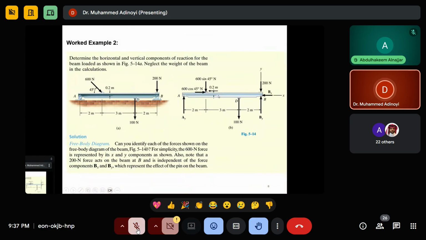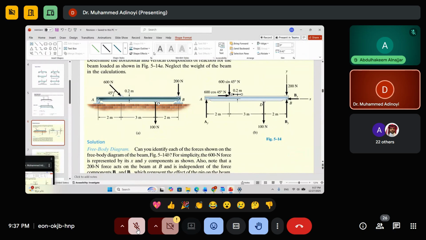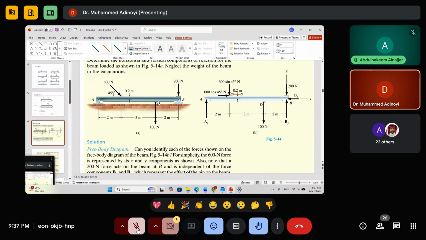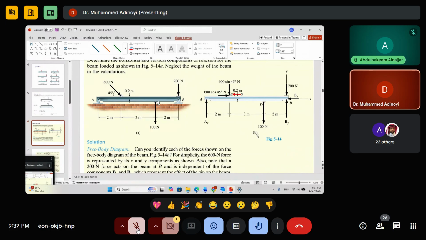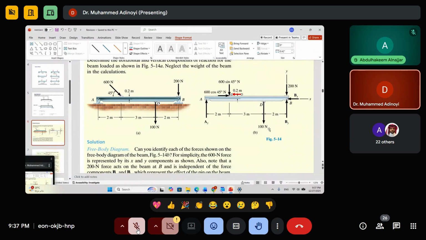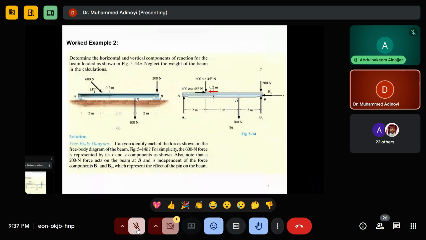Let me make the arrow a different shape. You can see the new red arrow, right?